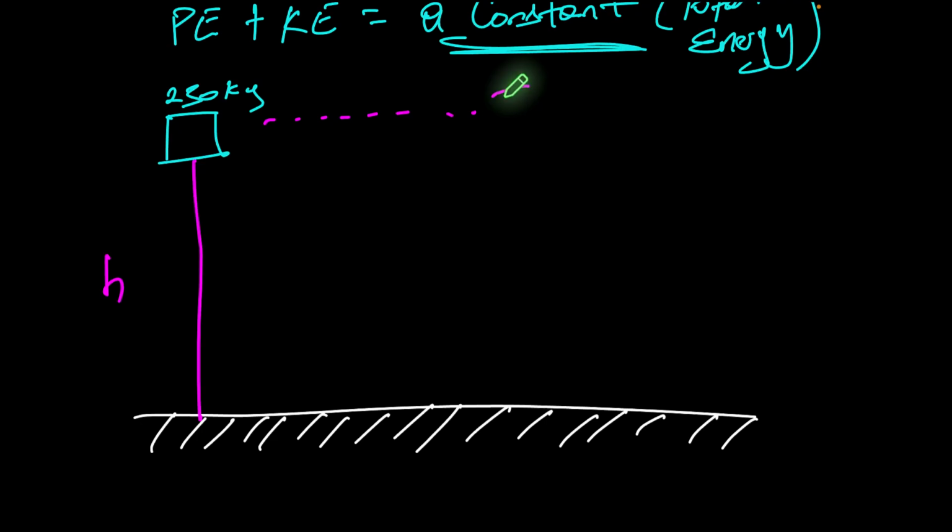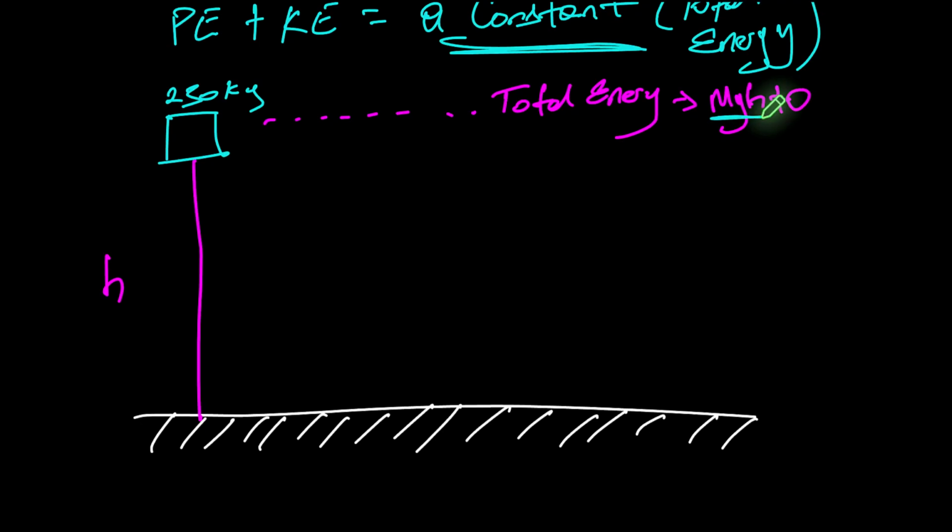So what that means for us is our total energy is just going to be a measure of our potential energy, which is mass times gravity times height, plus our kinetic energy at this point, because we're stationary, will be 0.